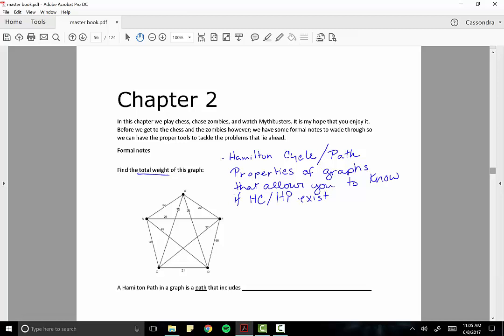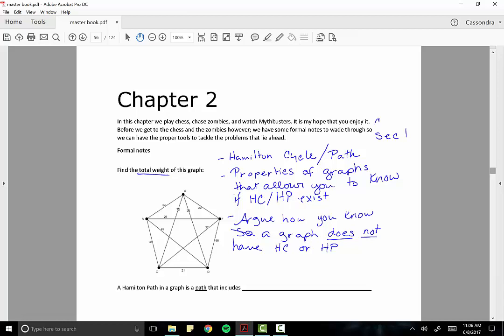And I also want you to be able to argue how you know something does not have a Hamilton cycle or a path. Okay, so this is all just section 1 of chapter 2.